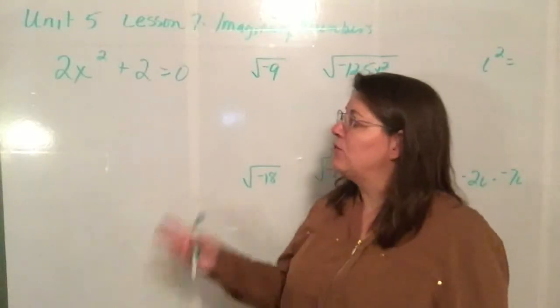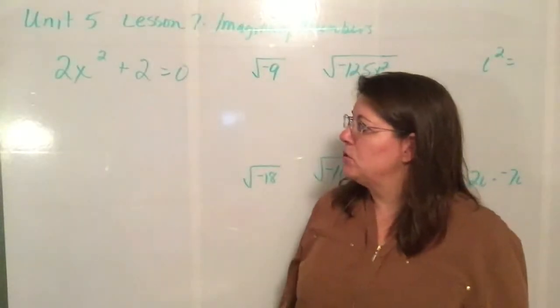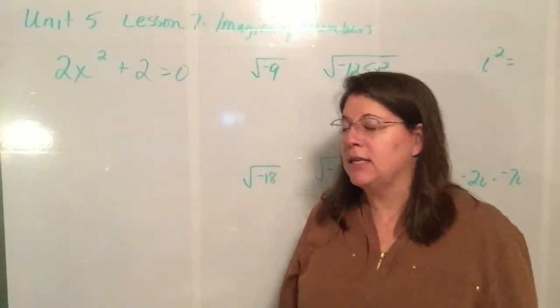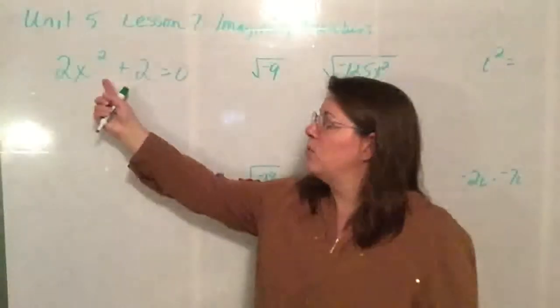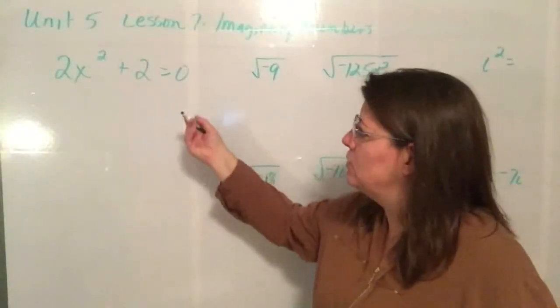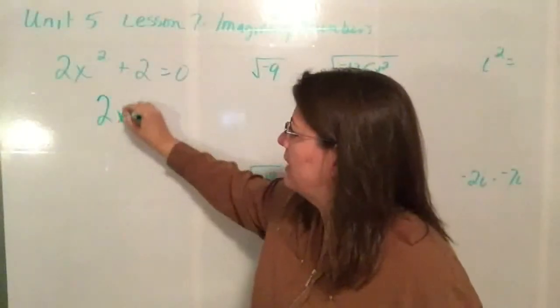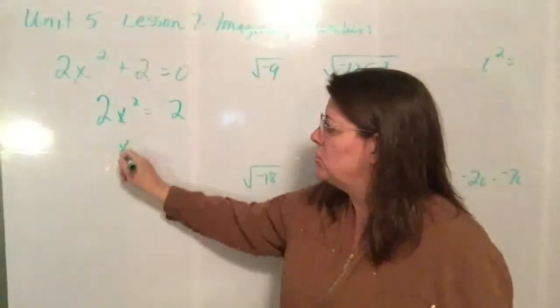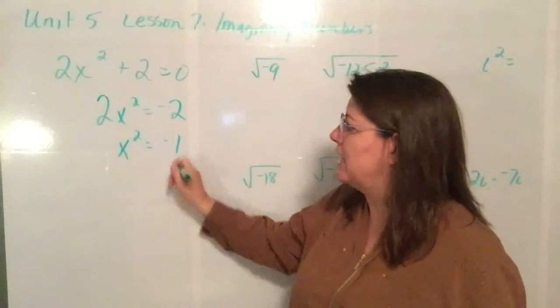Now I could factor this to get the answers, but instead of factoring it, I'm going to show you a different method. Since there is no middle term here, it's not really necessary to factor this one. I can move the 2 to the other side, so I'll have 2x squared equals -2, and then if I divide by 2, I have x squared equals -1.